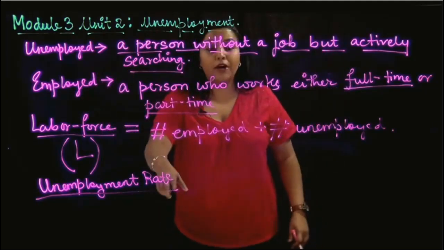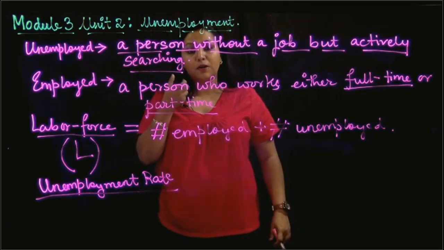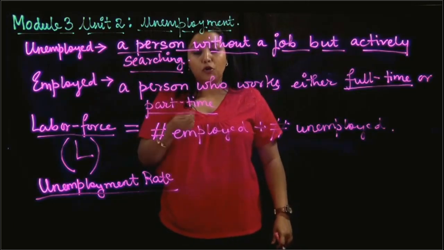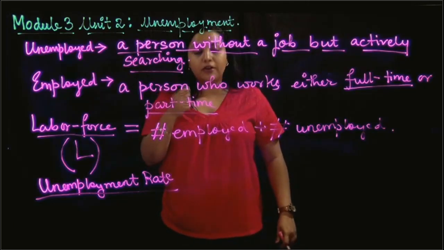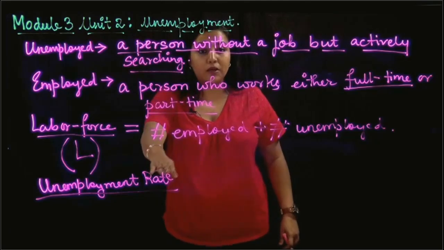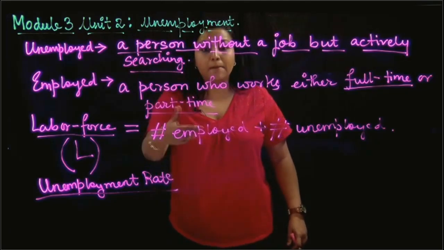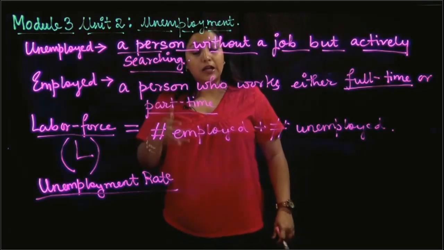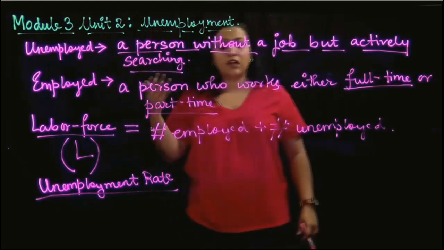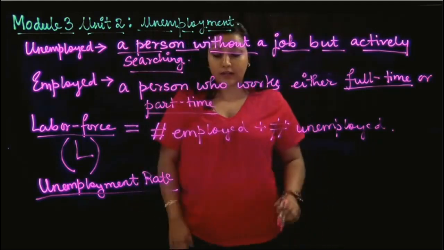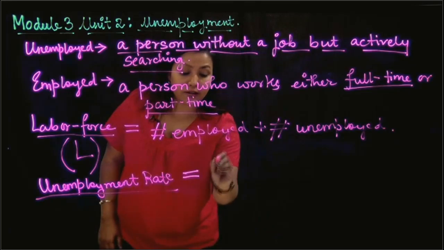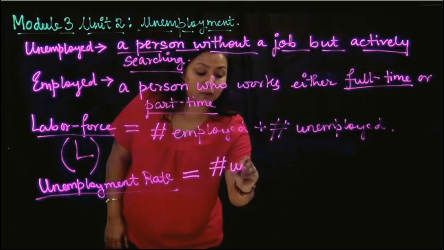As soon as you find a rate, it comes down to a percentage figure, a much more manageable numerical value, and that's why it is always easier to compare macroeconomic situations either within your country or across countries based on certain rates. So the unemployment rate is basically the number unemployed.